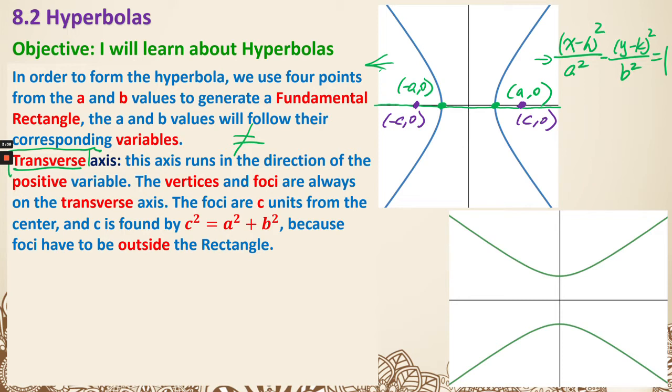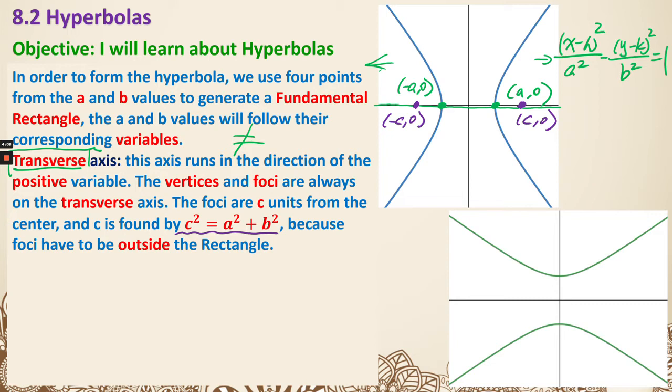You may notice my c is clearly bigger than a value-wise. So in this case, it's not c squared equals a squared minus b squared. It's actually c squared equals a squared plus b squared, which is exactly the same as the Pythagorean theorem. I will show you where that right triangle is after we have generated the rectangle. The foci have to be outside the rectangle, which also means the foci are within the curvature.